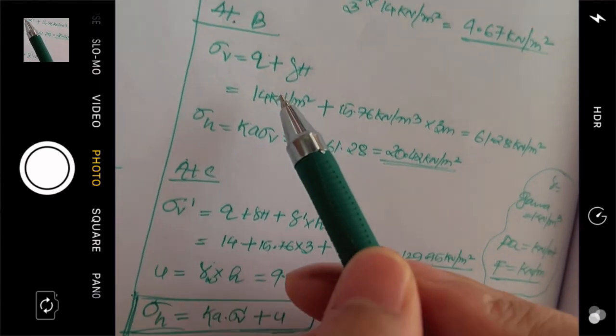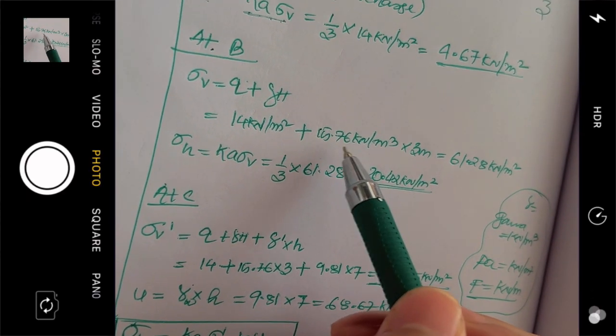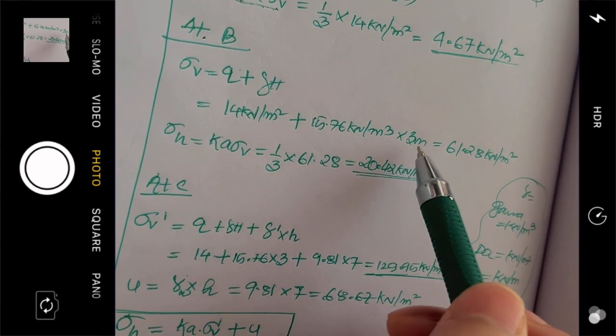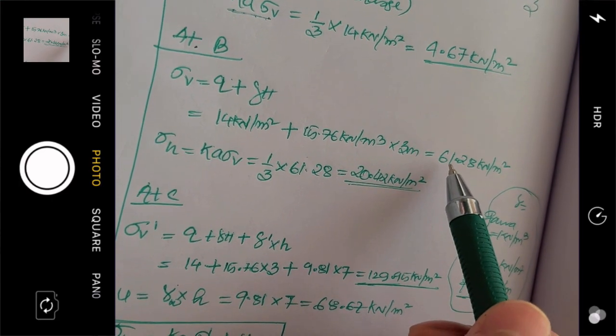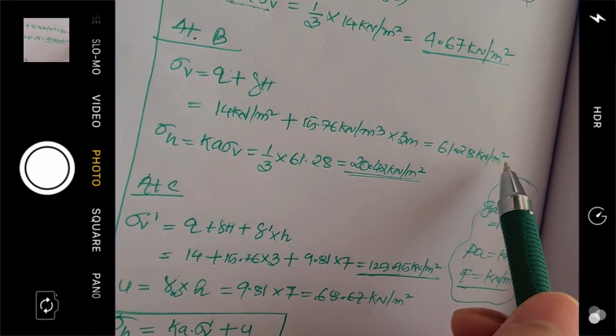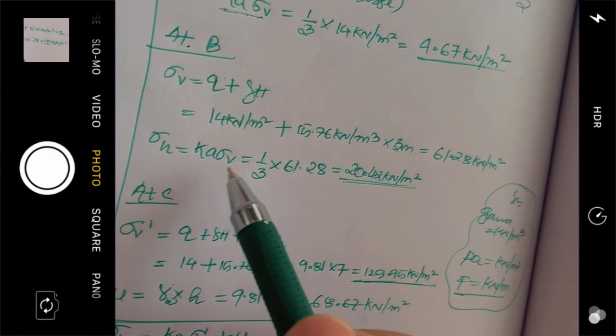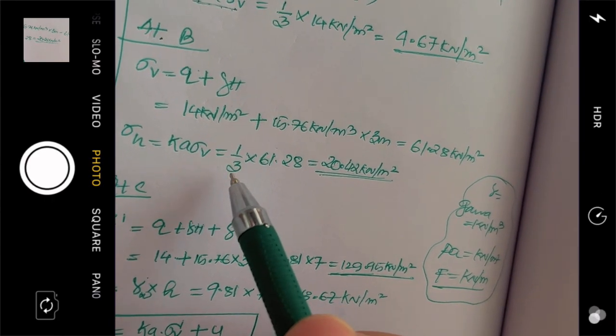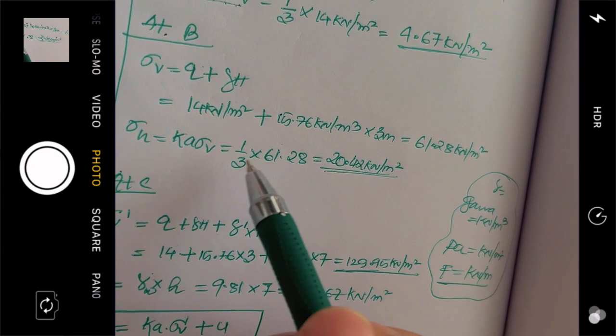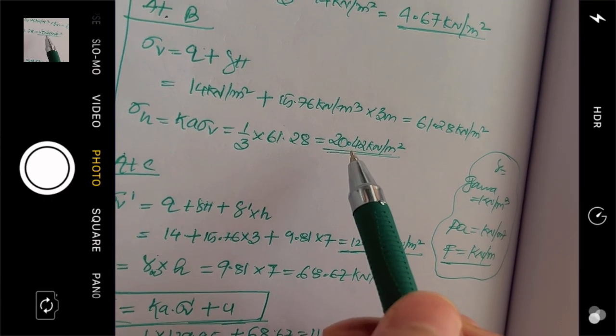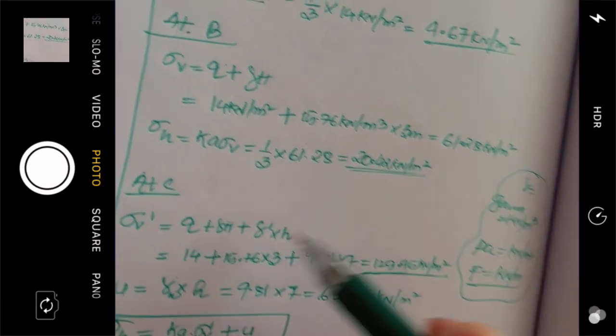Gamma dry is 15.76 kilonewton per meter cube into 3 meter. From here we'll get 61.28 kilonewton per meter square. For sigma H, it's Ka times sigma V, 1 by 3. Just multiply this with Ka, so we'll get 20.42 kilonewton per meter square.